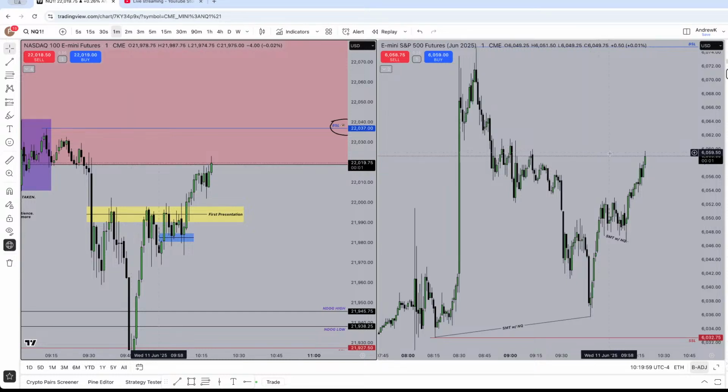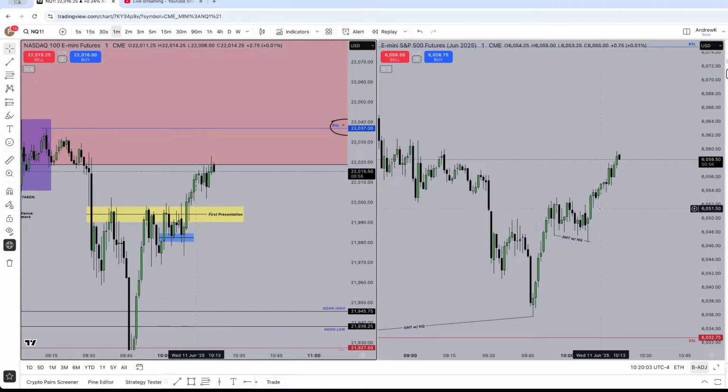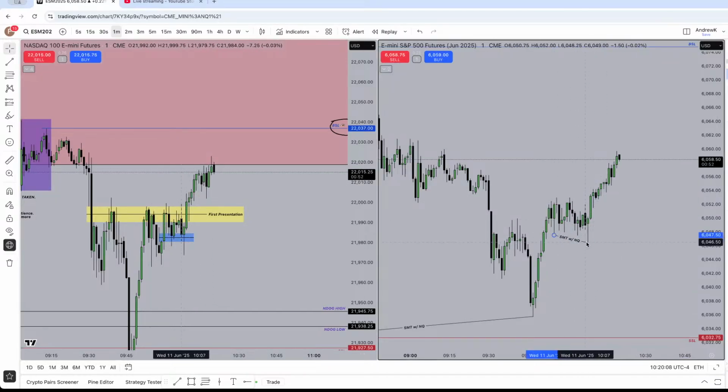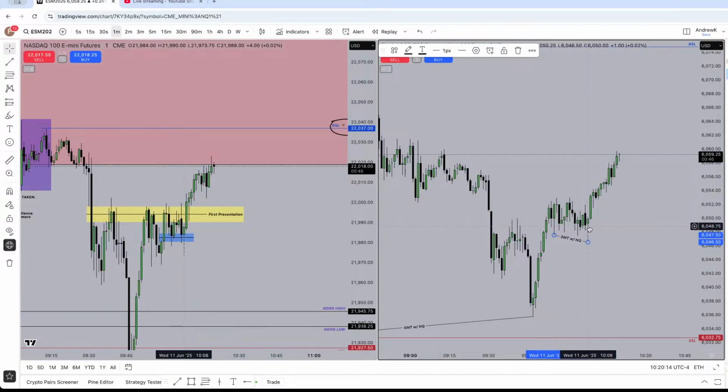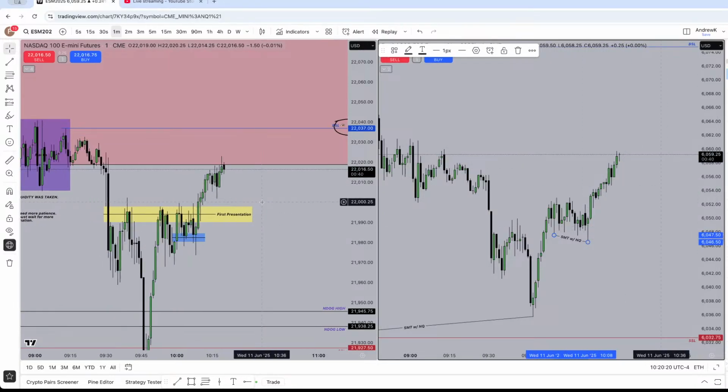Okay, but even on ES, for example, let's just say you saw the SMT here and you entered in the macro. Well, and you got the turtle soup. Let's just say you entered here at 49. That's 10 points on ES so far. You can't be content with 10 points.